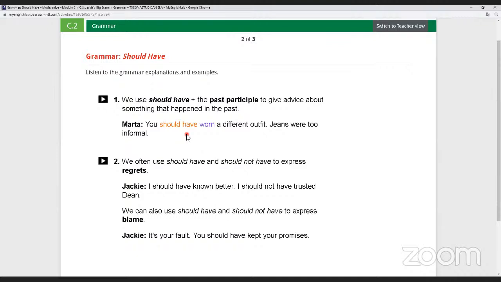It was in the past, yesterday at night. So that's the first use of this combination should have, right? To give advice, we're gonna use this structure should have plus a past participle verb to give advice about something that happened in the past.